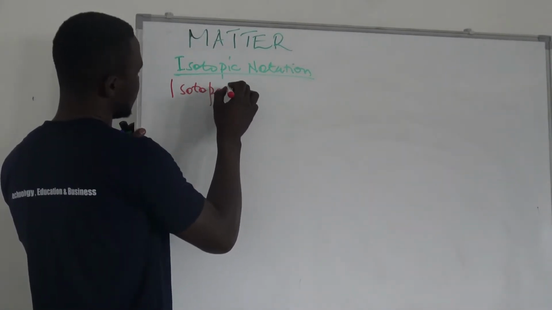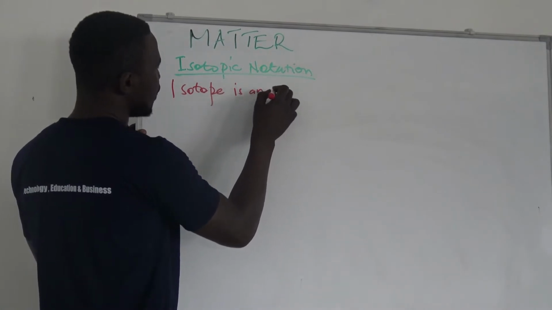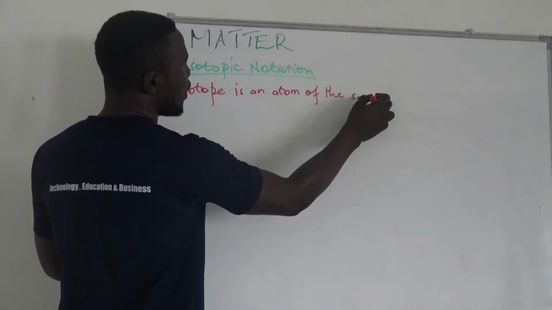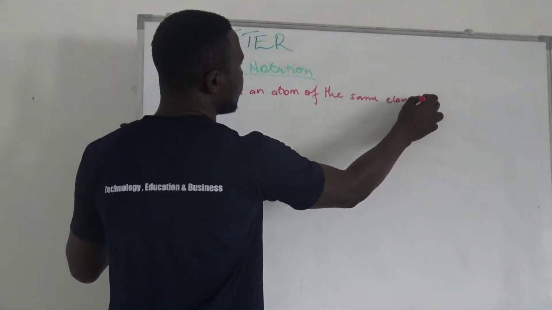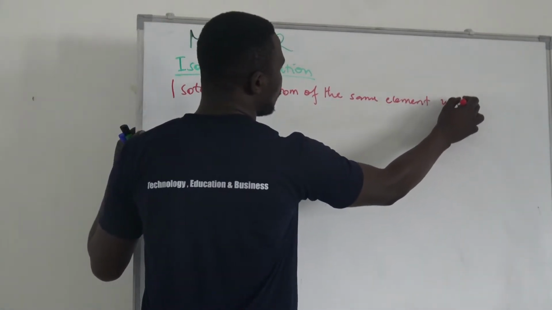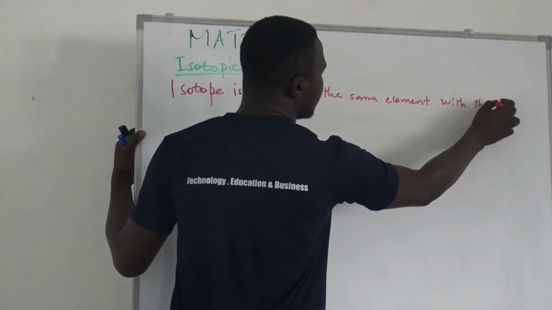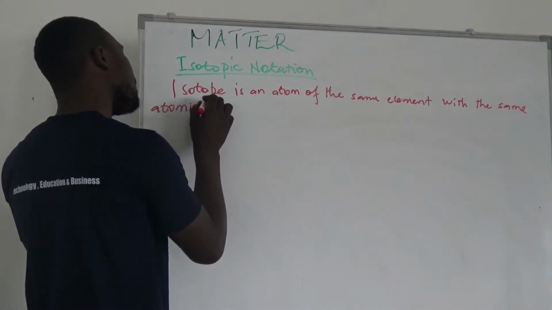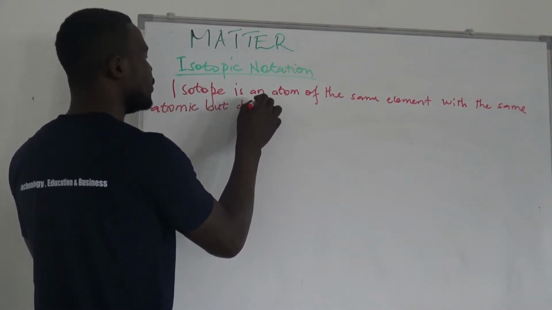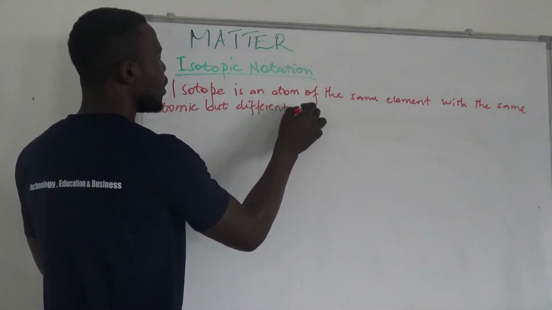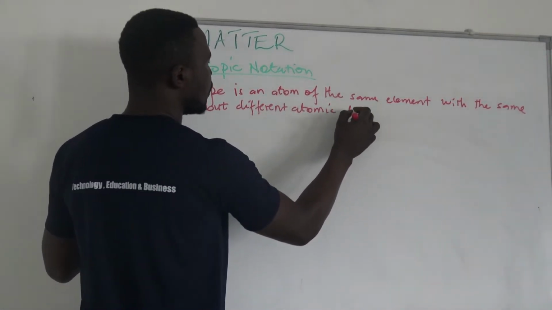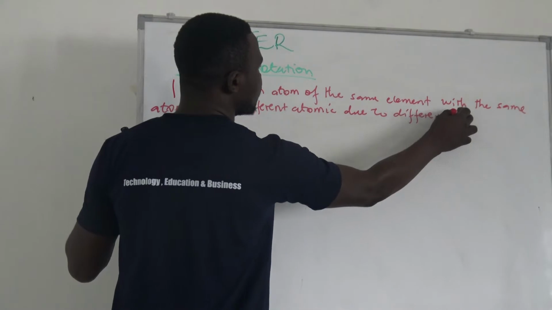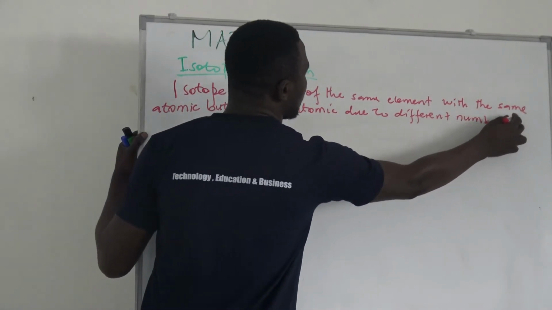Now, an isotope is defined as an atom of the same element with the same atomic number but different atomic mass due to a different number of neutrons.